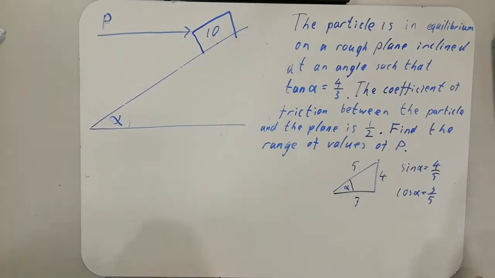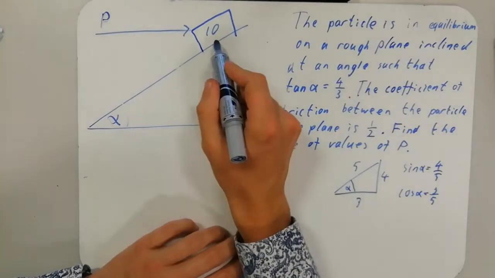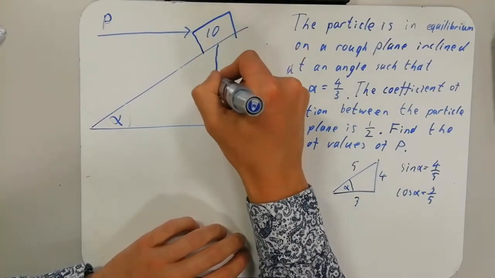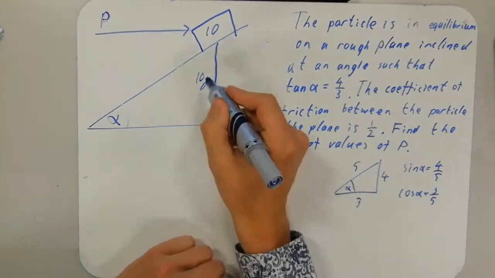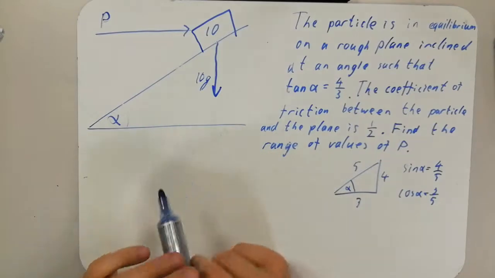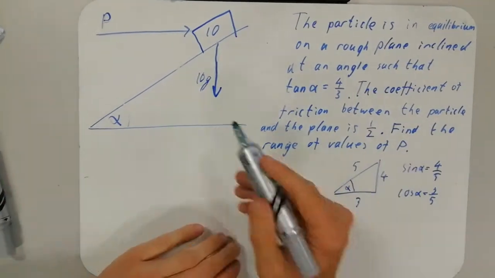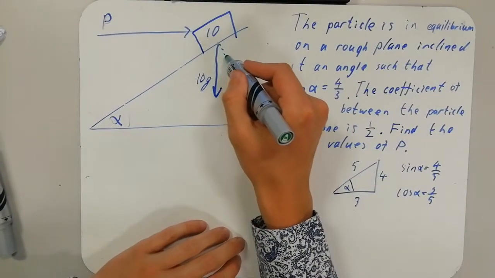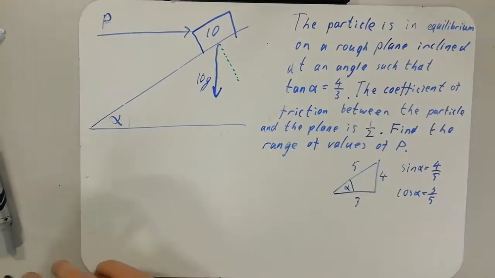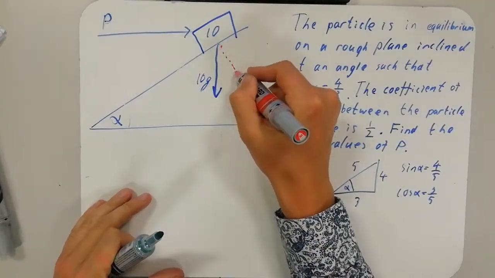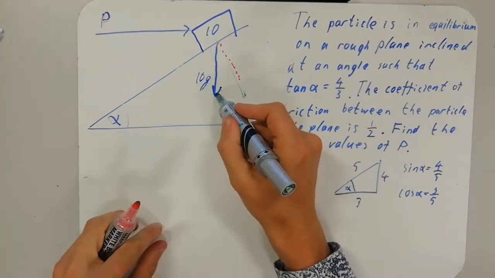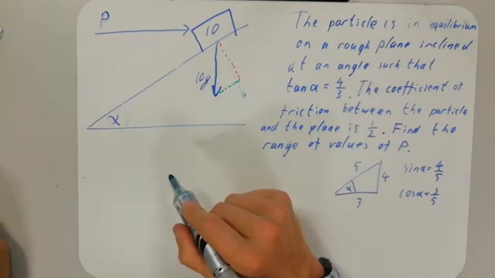So let's start by drawing all of the forces on our diagram. First things first, we have the weight, 10g, and we want to resolve parallel and perpendicular to the plane. I'm going to colour code this: red as perpendicular, and green as parallel.